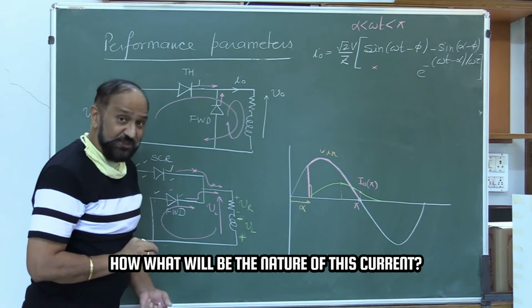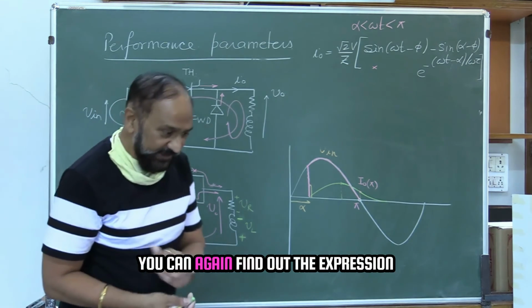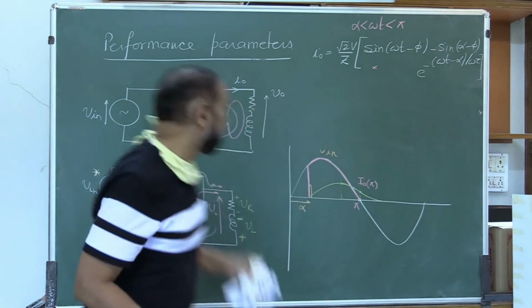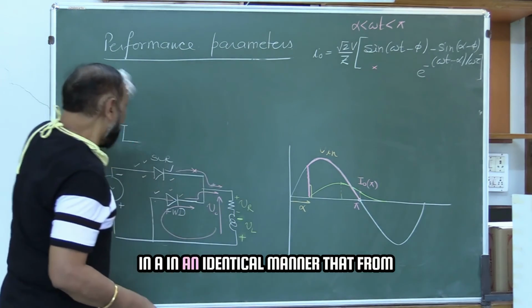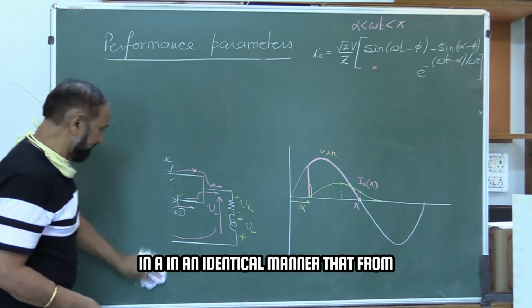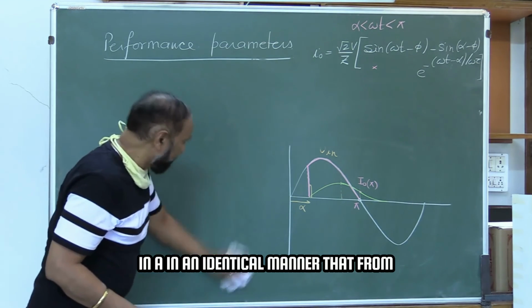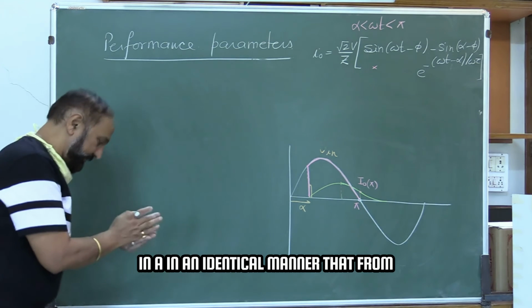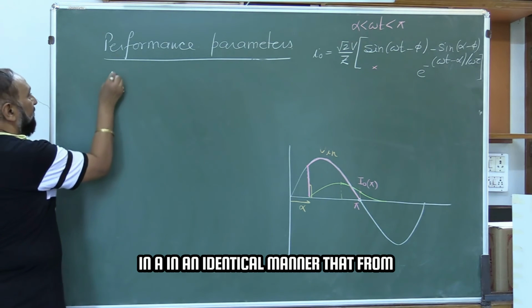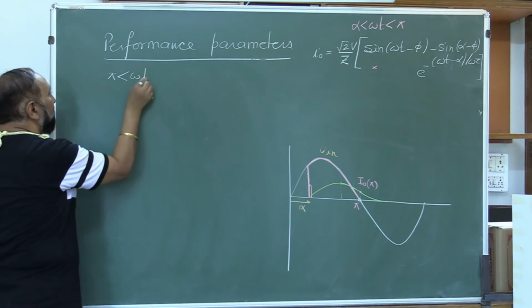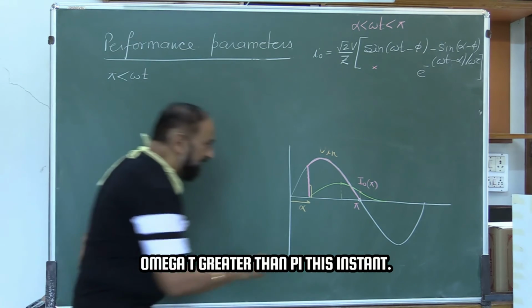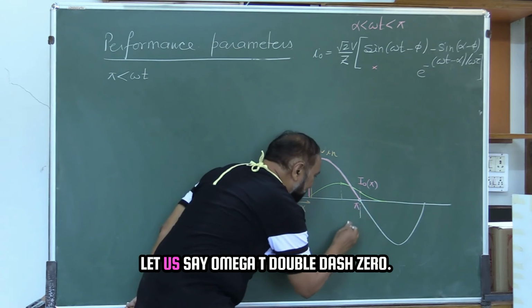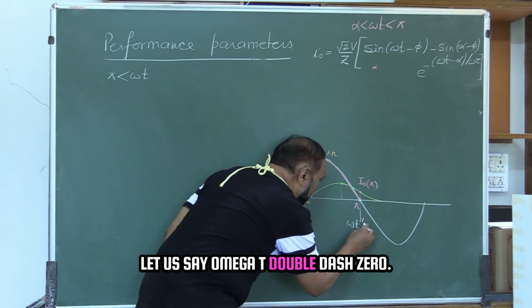What will be the nature of this current? You can again find out the expression in an identical manner. That from omega t greater than pi, this instant let us say it omega t double dash 0.